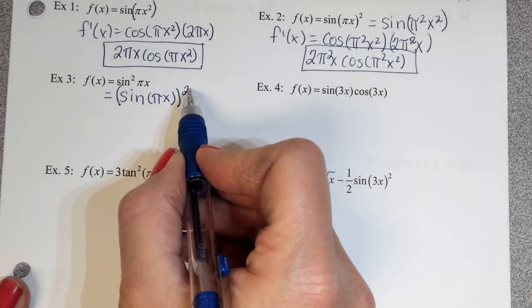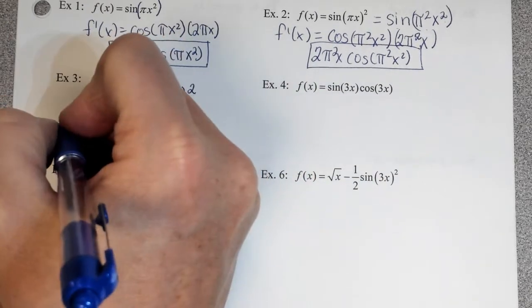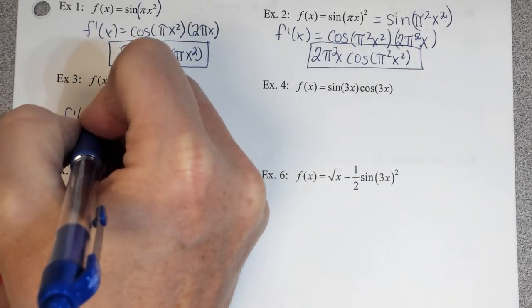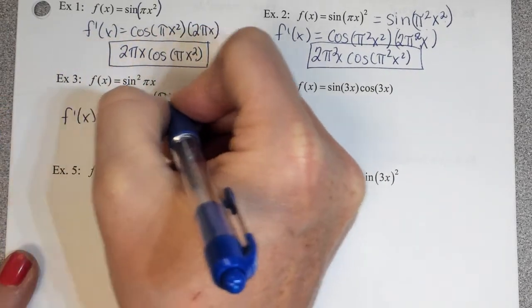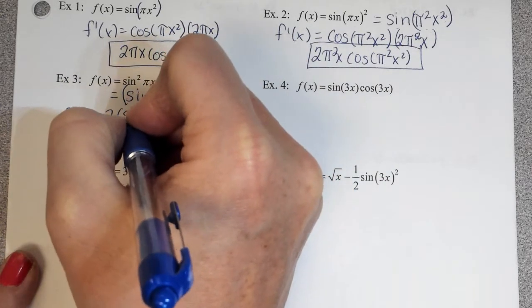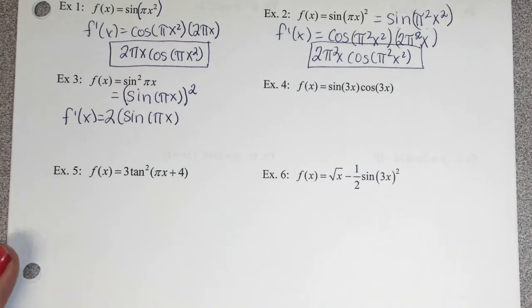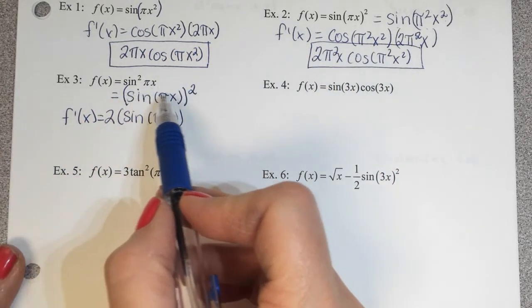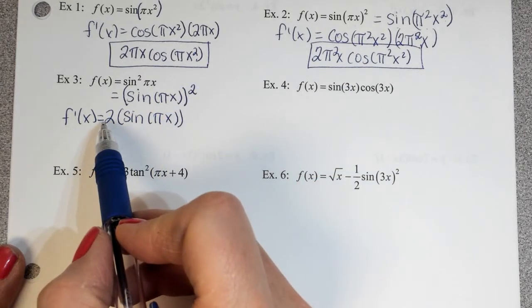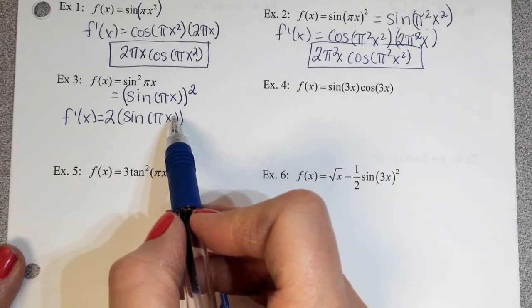What is it, everybody? 2u, right? So my derivative is going to be 2, don't change that u. Everybody see that? This is u squared. So the derivative is 2u.